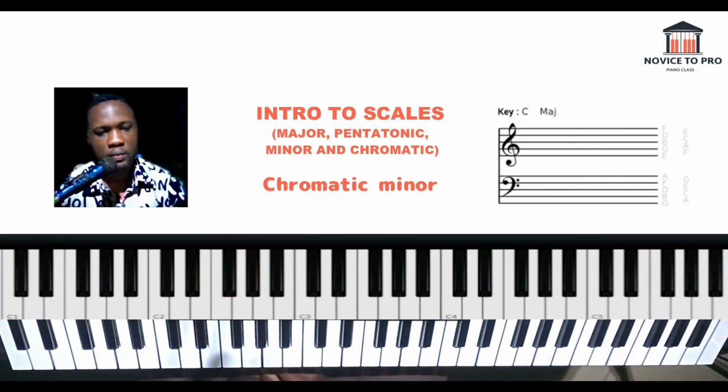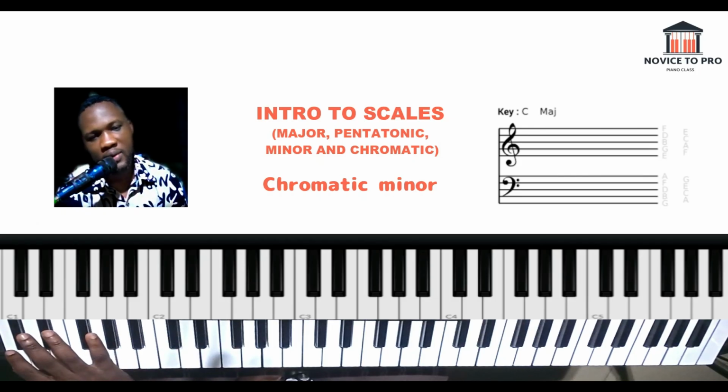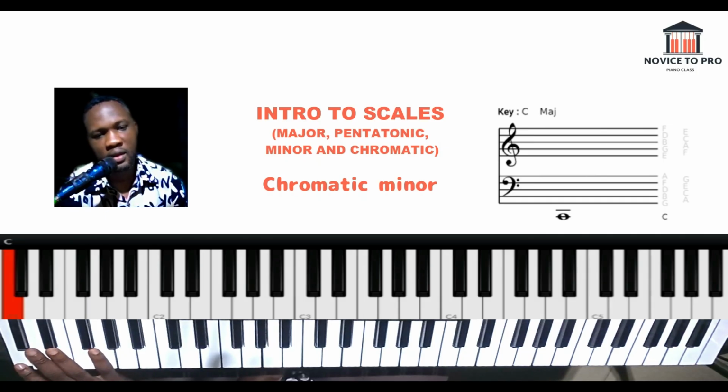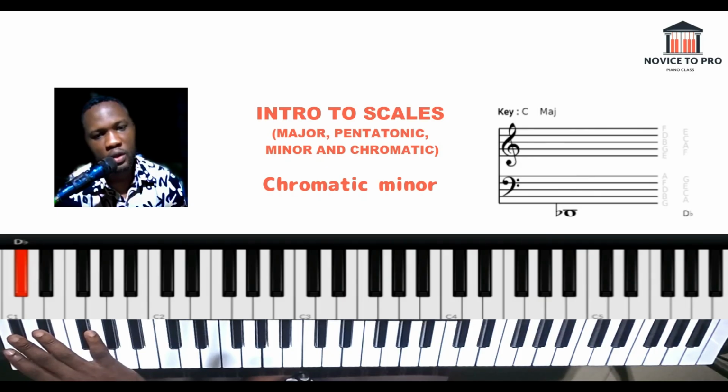So, if that be the case, we are going to start the scale from C. And the finger pattern is your thumb for the white notes, your middle finger for the black notes, the accidental notes.